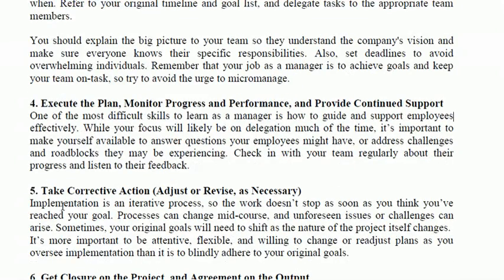And then the fifth one is about taking corrective action, adjust, revise, or as necessary. Now once the work is going on and there are issues, definitely the monitoring and the support is there from the managers. But if the worker feels and the manager understands that the work which has been carried out is very tedious, or the worker is not able to do it properly, or it is very time consuming, or there is certain modification which can be done in the work, in the machine, or during the process of the work, there can be some adjustments or corrective actions, so that the work can be improved.